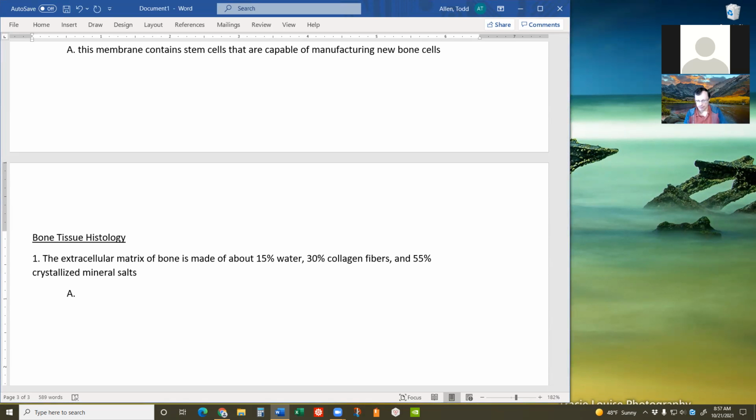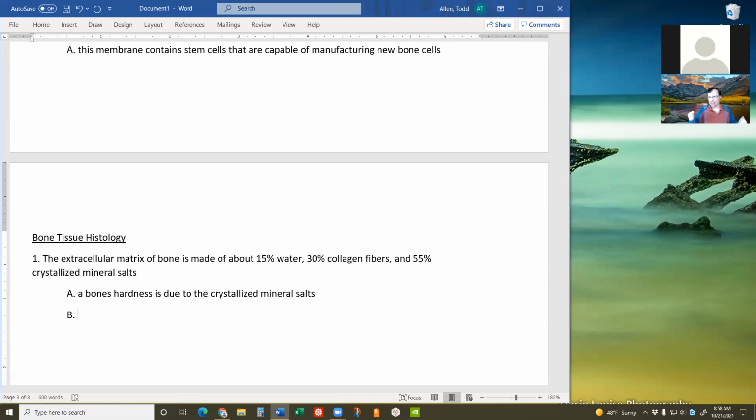So let's talk a little bit more about this. The hardness of your bone is due to the crystallized salts. That provides the hardness, the firmness of the bone. Bones are living tissue. They're pretty hard as things go.